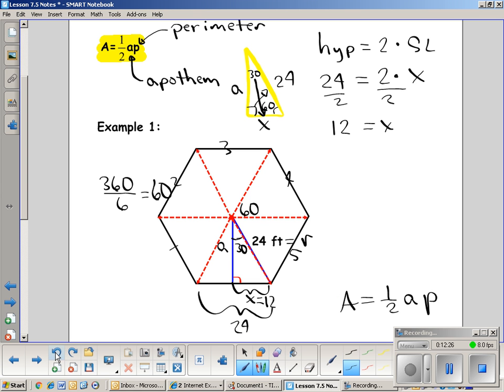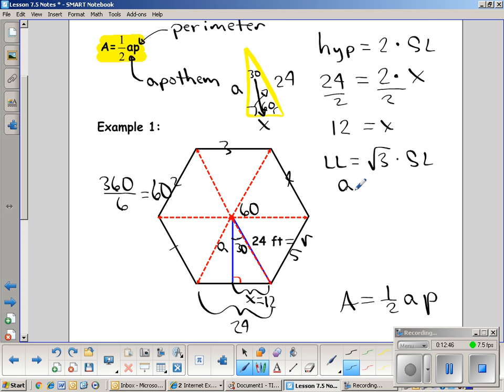And so what's our other rule for 30, 60, 90? Long leg equals square root of 3 times the short length. Nice. You guys aren't quite all in unison, but I like the fact that there's so many of you answering this. So in the picture here, what's the long leg?